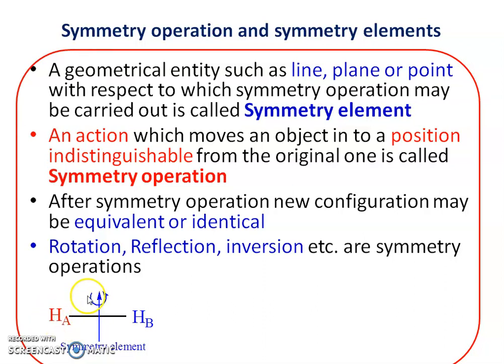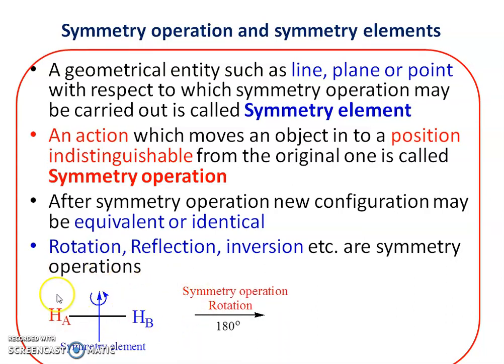Slowly, when we start rotation, HA will come out of the plane towards the observer, and HB will go below this plane, away from the observer. At exactly 90 degrees, HB will be at a right angle to this slide, and HA will come towards the observer. And again, 90 plus 90, that is after 180 degrees, these two hydrogen atoms are exchanged.